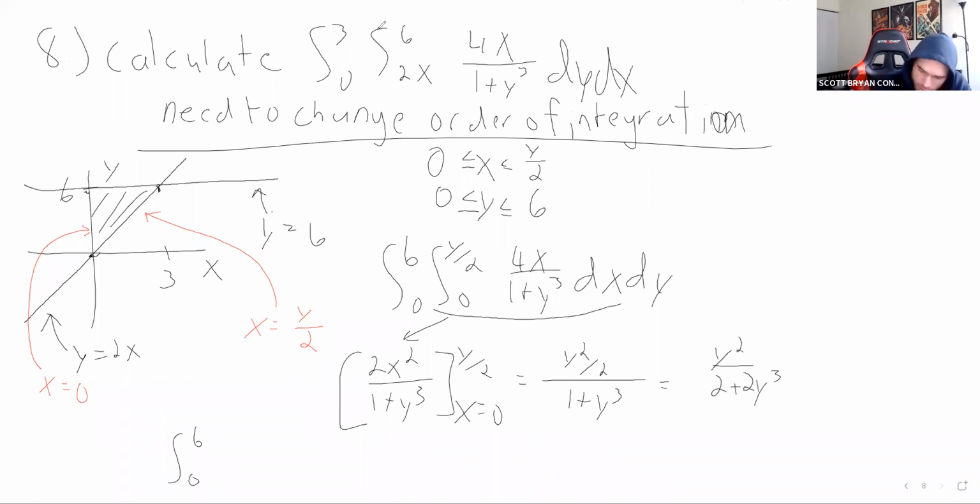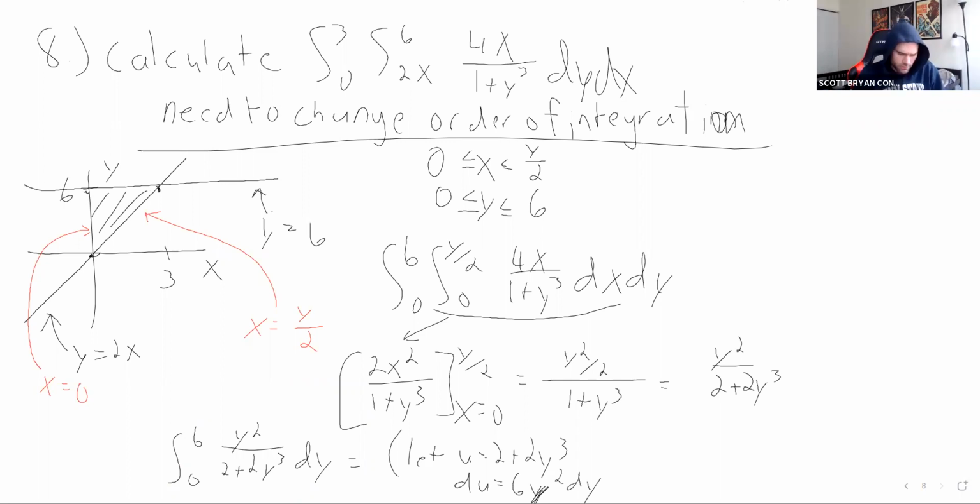So you get y squared over 2 plus 2y cubed with respect to y. So we want to u sub. We're going to let u be 2 plus 2y cubed, meaning du is going to be 6y squared dy.